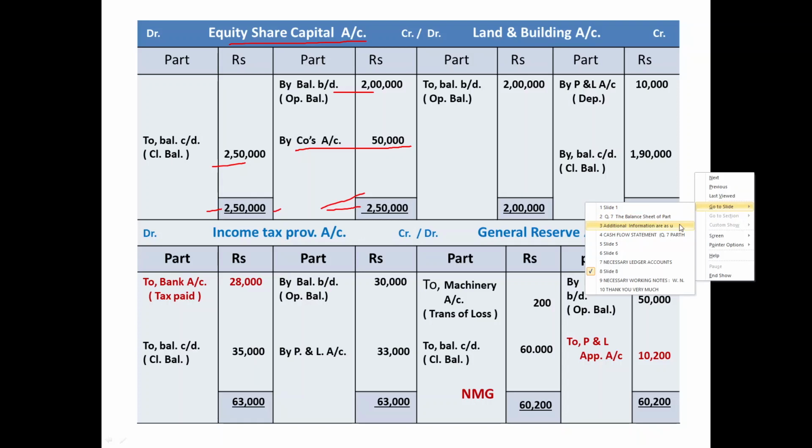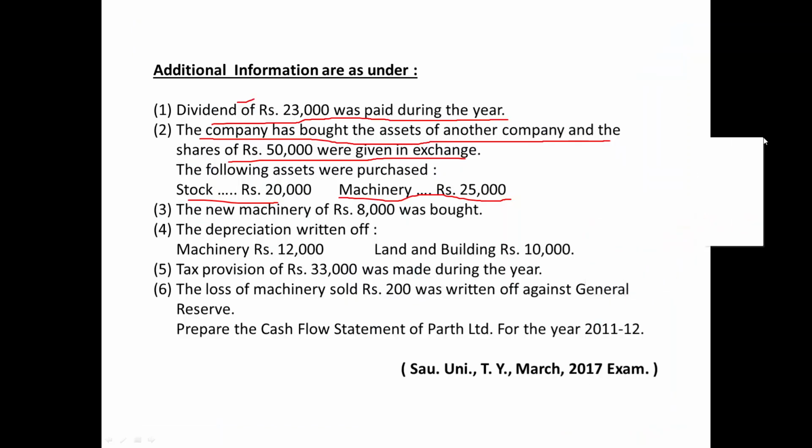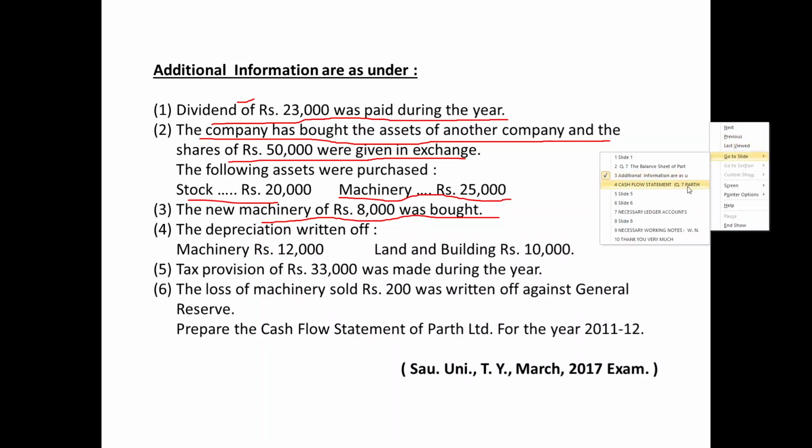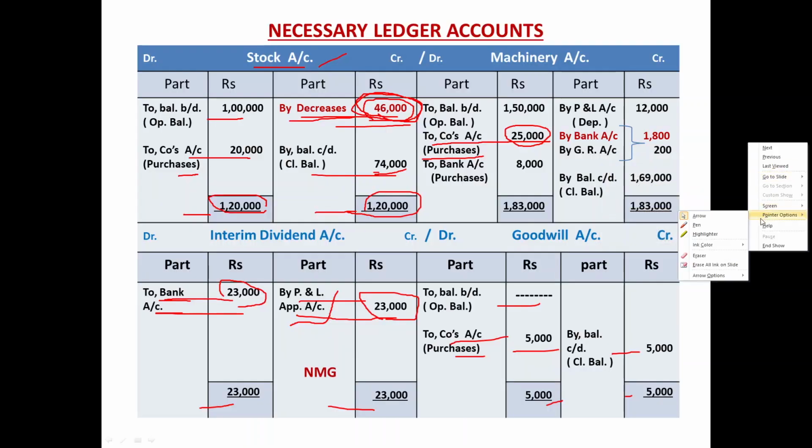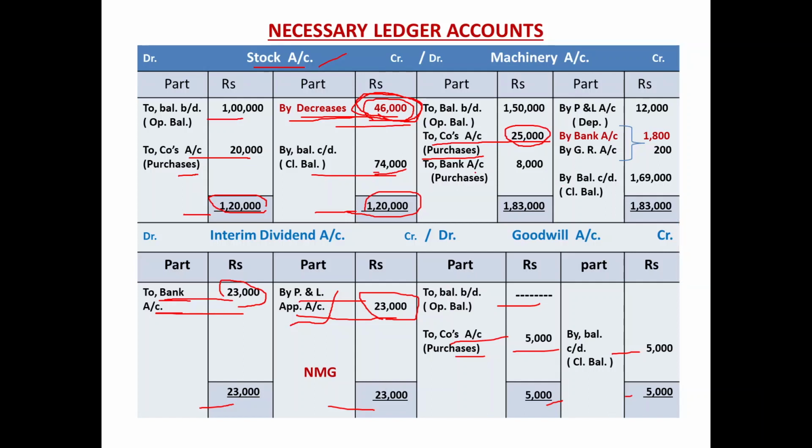Let us verify the next additional point, number 3. The new machinery of rupees 8,000 was bought. A very simple one. Machinery account debited to bank account credited rupees 8,000. Let us give the posting in the machinery account.